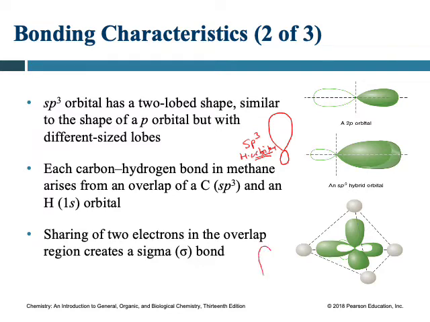So you're going to form 4. So if this is carbon at the center, this is one of the sp3 hybridized orbitals, this is the second sp3 hybridized orbital, this is third, this is fourth, and each of them has one electron.